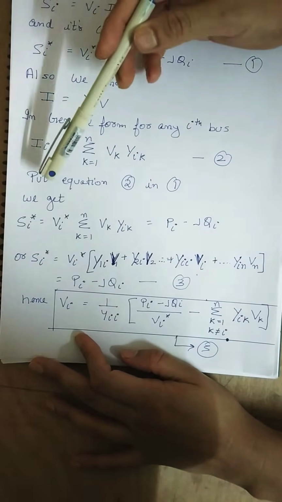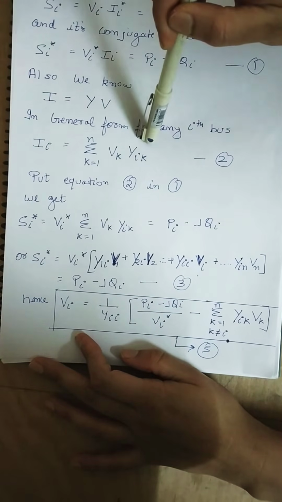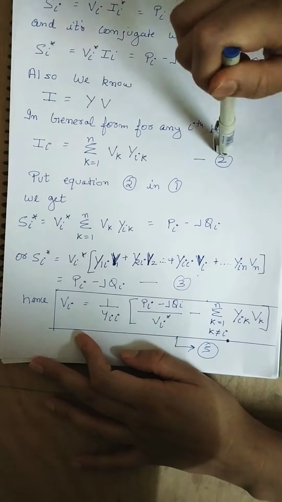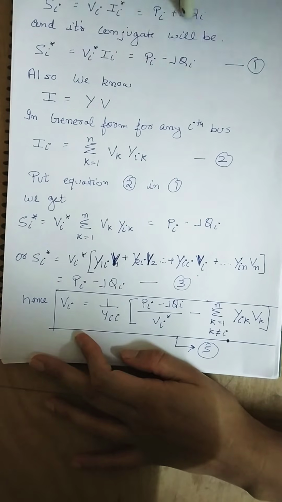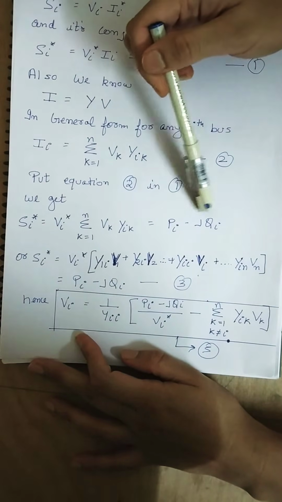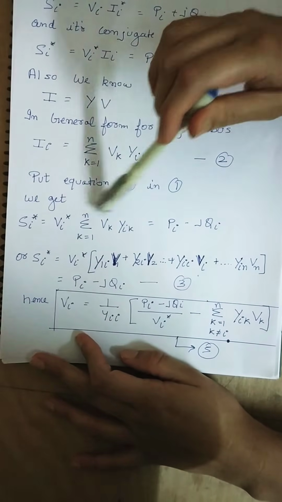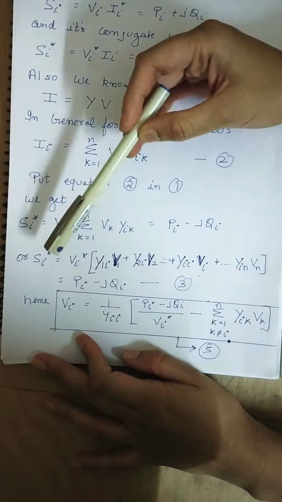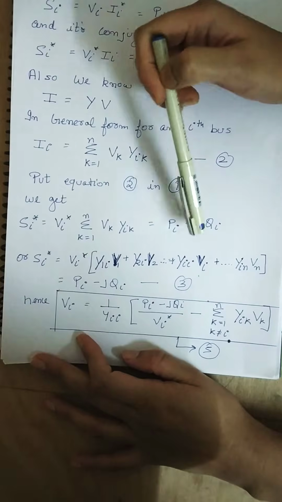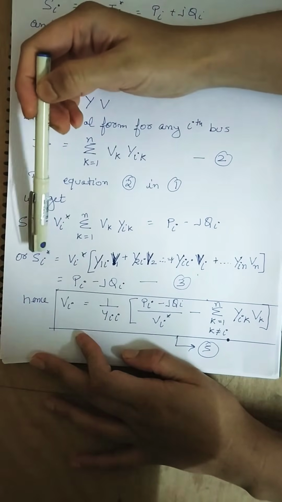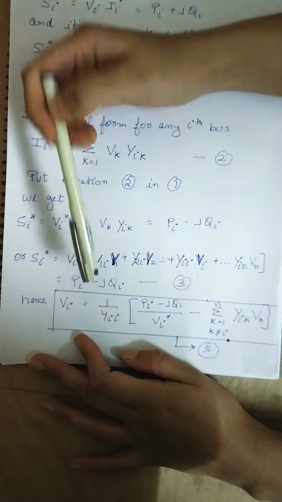Now put equation 2 in 1. So we have combined a general equation for current, and we can put this current equation in our complex power general equation. After putting it, we will get a value in the form of voltage and admittance only. Now my equation after opening the sigma will become equation 3, which will be S_i conjugate is equal to V_i conjugate bracket.